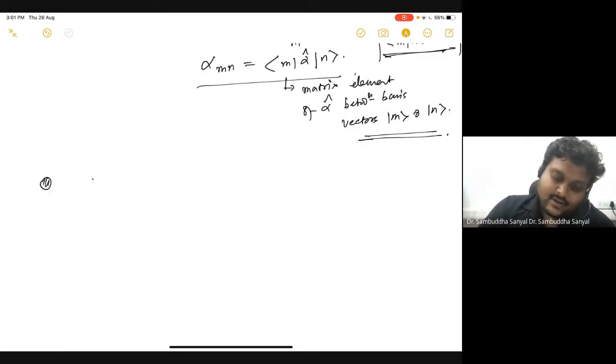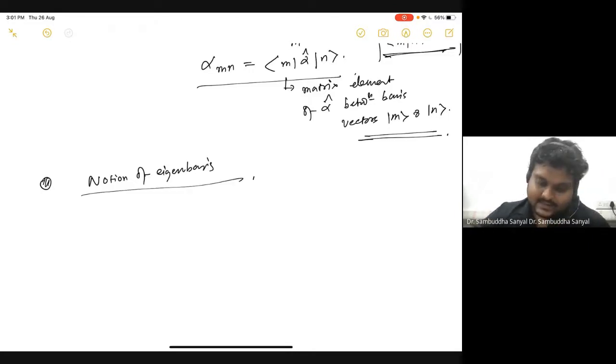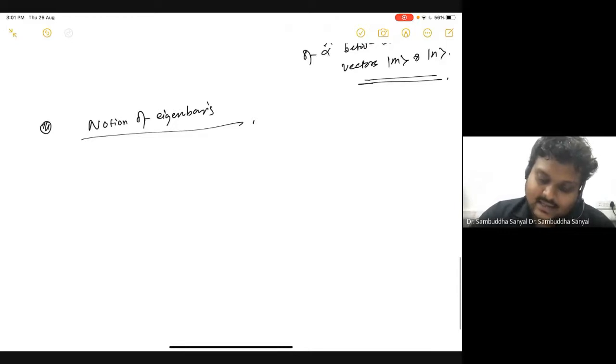Now we also talked about the notion of an eigenbasis. This is what I will elaborate on a little more today. Eigenbasis vectors are special vectors in this space which satisfy the following property.